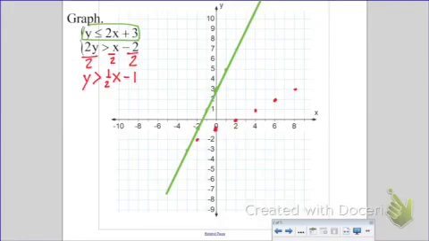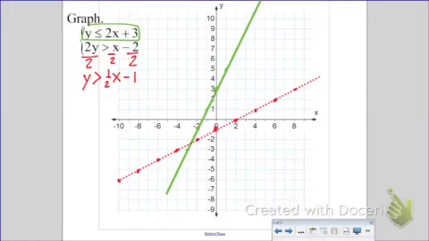I'm assuming that we are all familiar with how to use a slope and an intercept. Now this one does not have an or equal to, so I'm definitely going to make this into a dotted line. There we go.